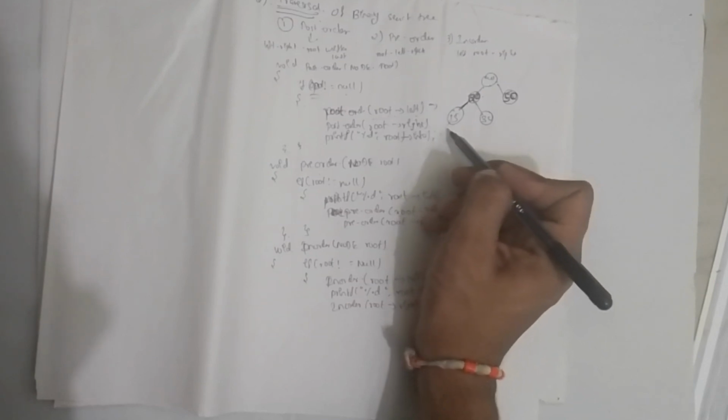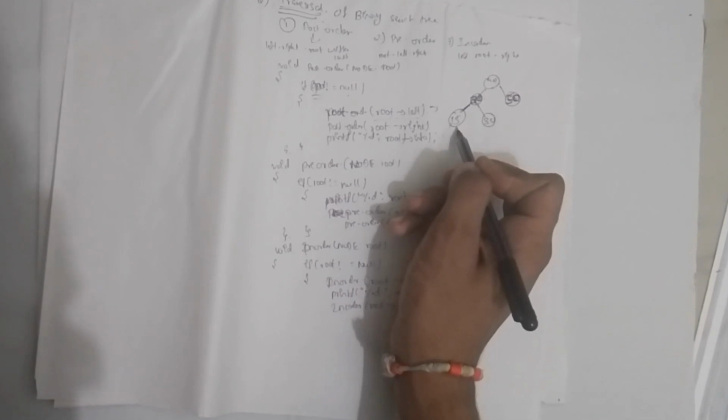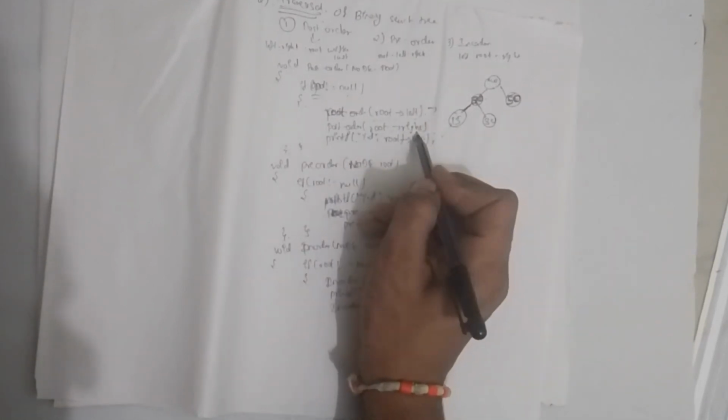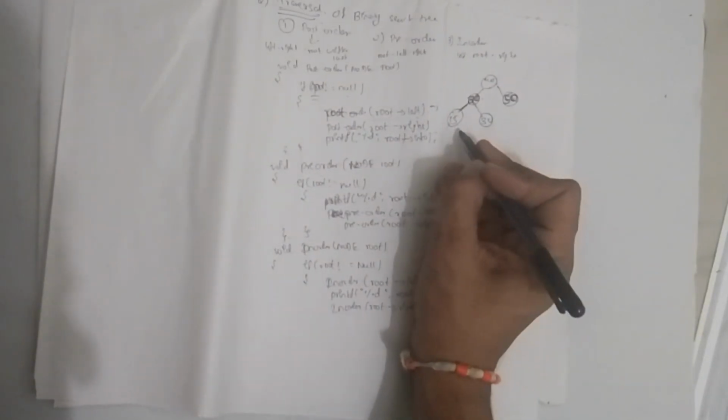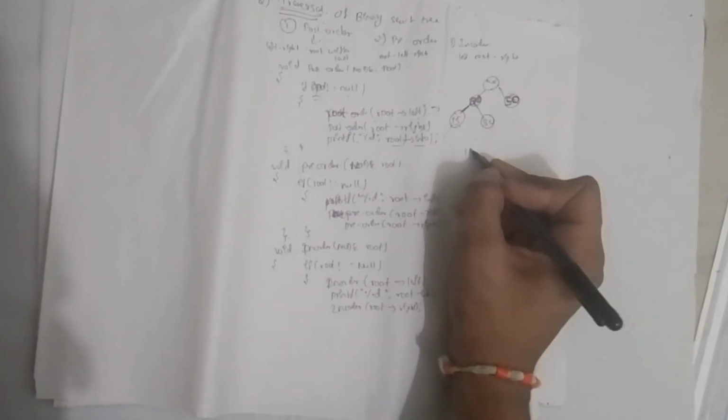Then it checks whether the root is equal to null. Yes, null. Now the function holds here, and it traverses back to the function. Next it will traverse to the right after 15, so it's also null. So the recursive function halts here. Next it will print 50 because it's a root, and next it will traverse back to 20.